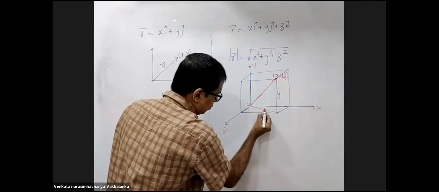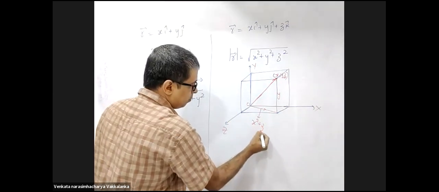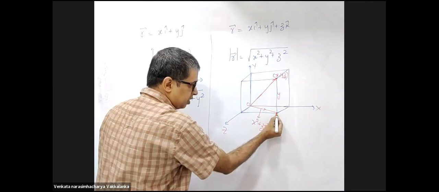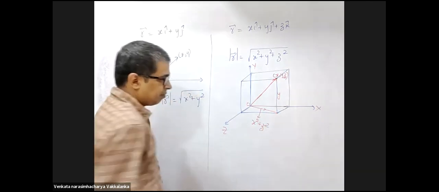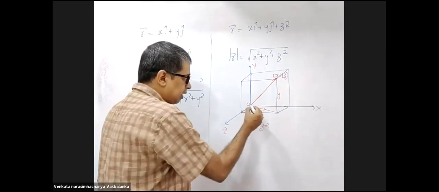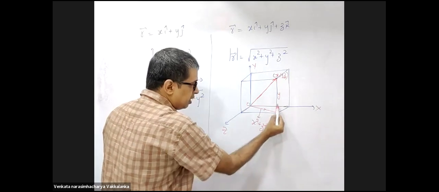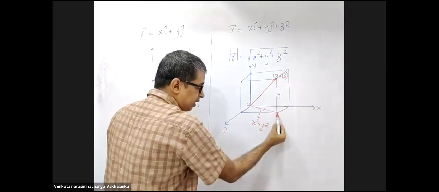Can you tell me what this resultant will be? This resultant will be root over x square plus z square by Pythagoras theorem. That will be the base of the triangle in red.